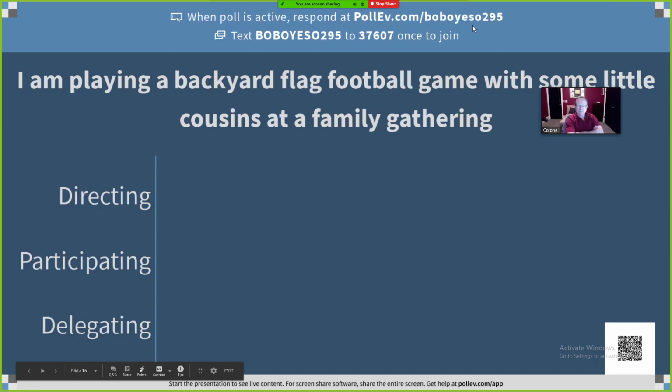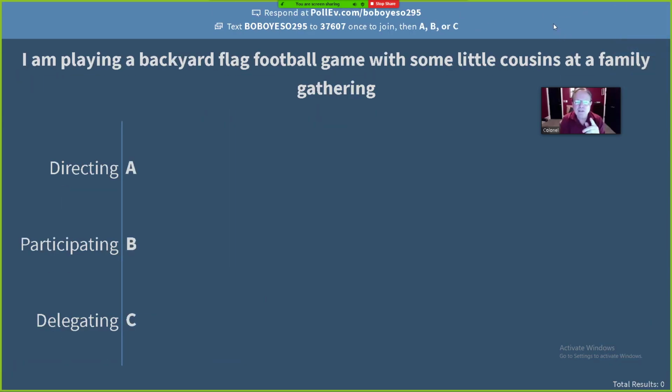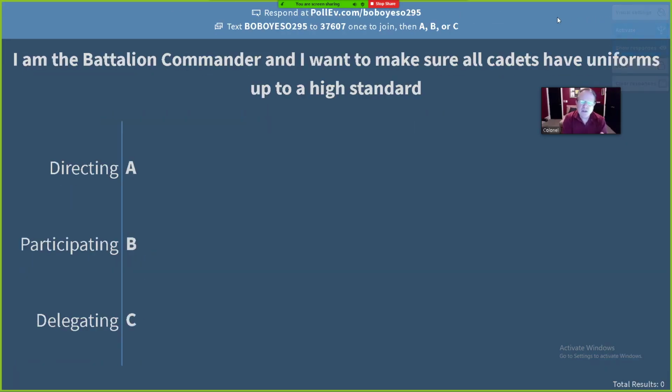So next one. Now, let me elaborate. Let me just go back to that for a second. Let me just give you a situation. On the last uniform inspection, Alpha, Bravo, and Delta did really well, but Charlie didn't look so good.